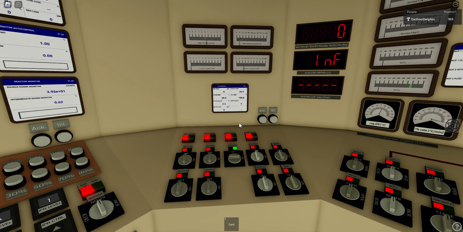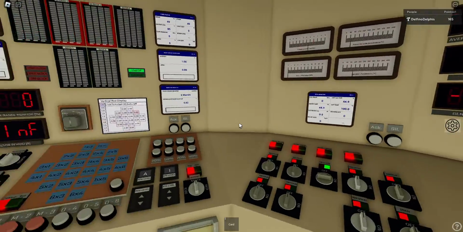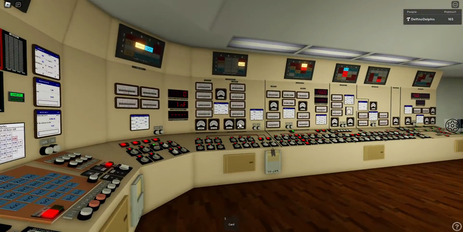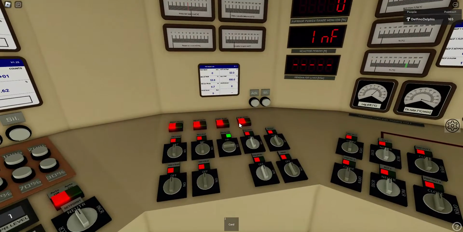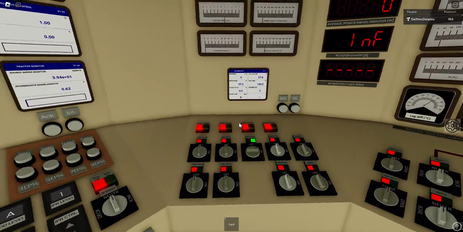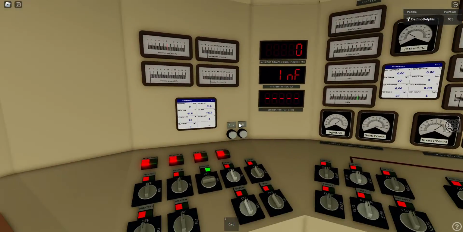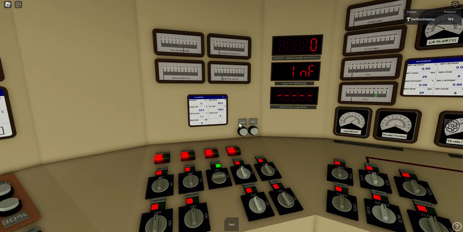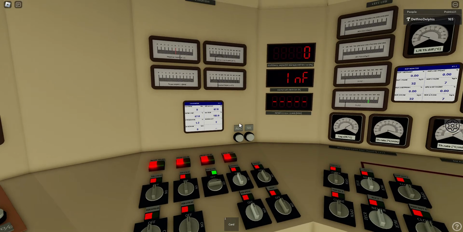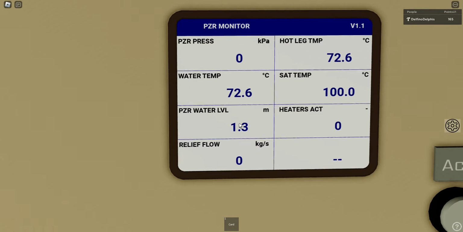A startup heater is probably not something you would find in every pressurized water reactor, but we have decided to implement this in order to make the startup a little quicker, because normally the reactor will be started with just pure decay heat, but this takes a very long time even in this game. So we have a startup heater, and as you can see, the water temperature is already rising.